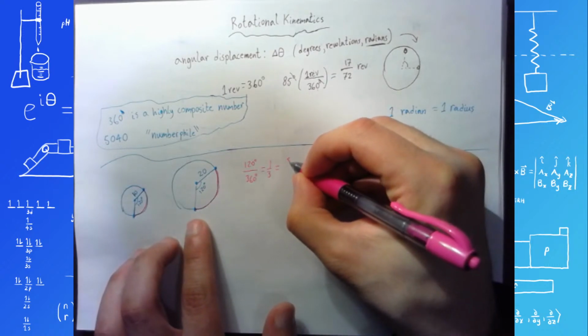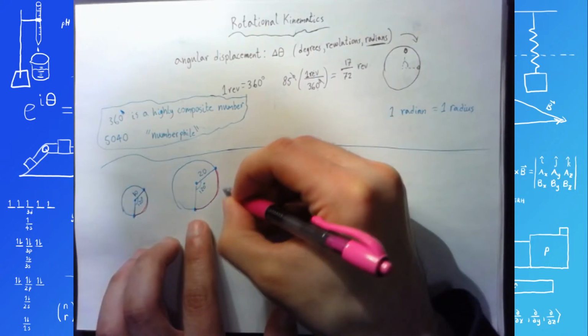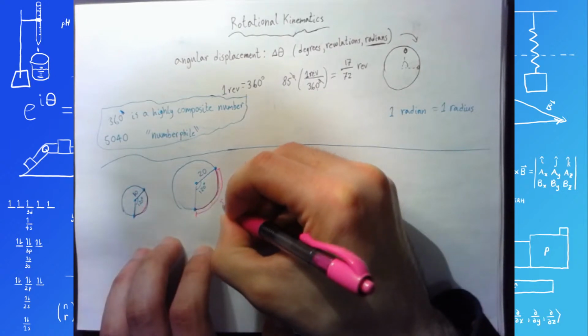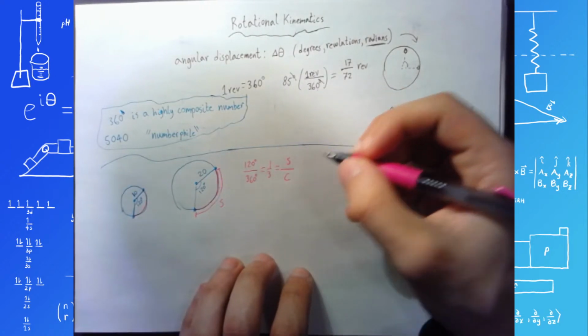Equals this arc length, I'm going to call it S, over the circumference C.